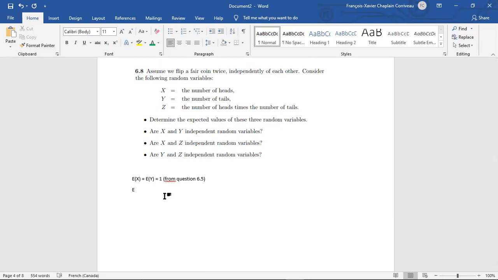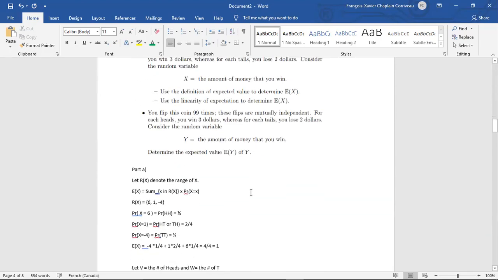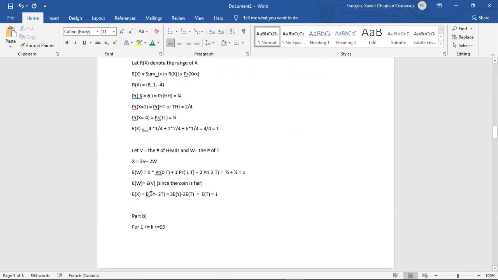All right, so here I think there was one question. Yes, so what Ian said, just be careful. The only thing that's coming over from 6.5 is these two lines here.